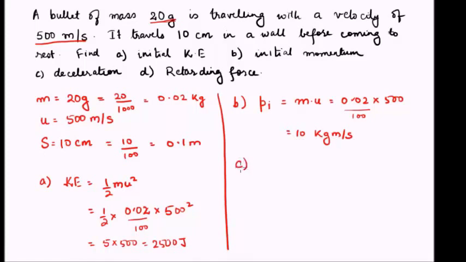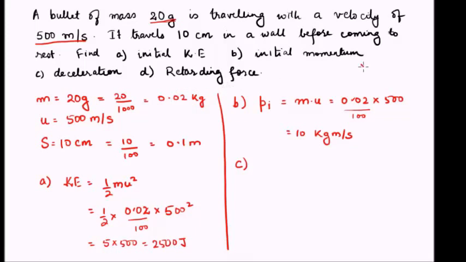Part C asks me to find the deceleration. Now where exactly is the deceleration taking place? The body is slowing down inside the wall, so we need to use the distance of 10 centimeter while calculating the deceleration. We have to use the equations of motion, but which one do we need to use?